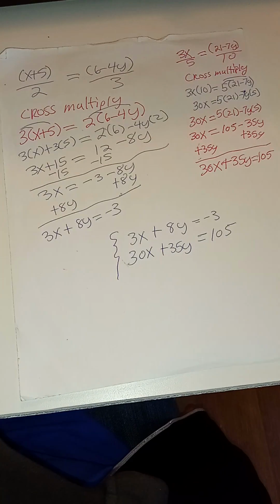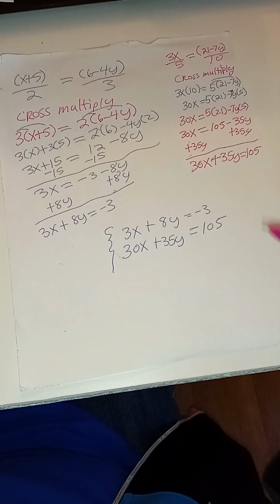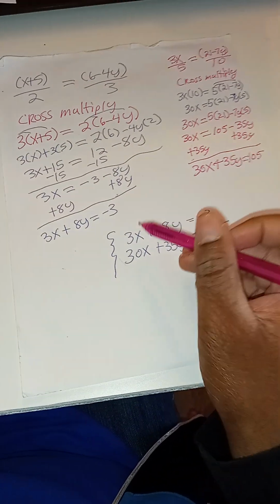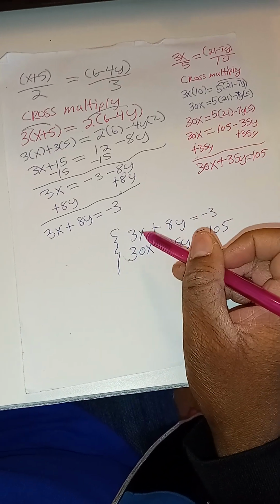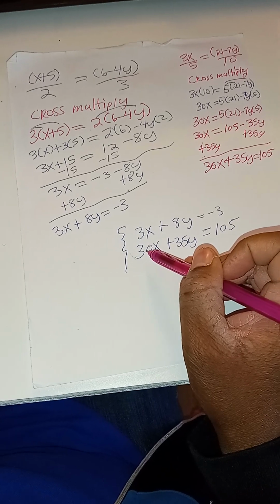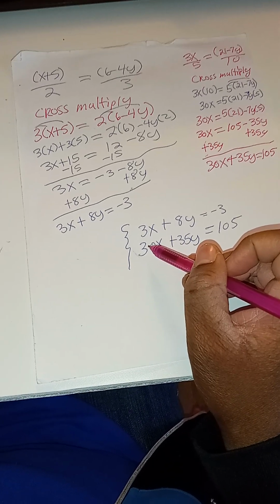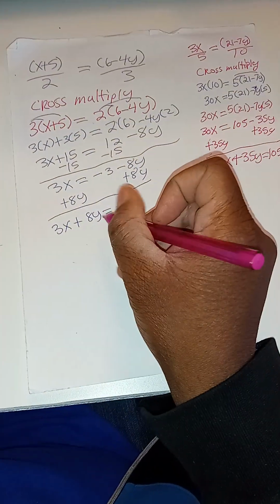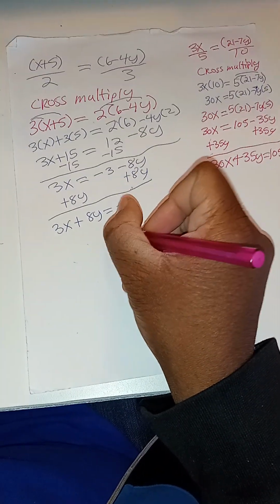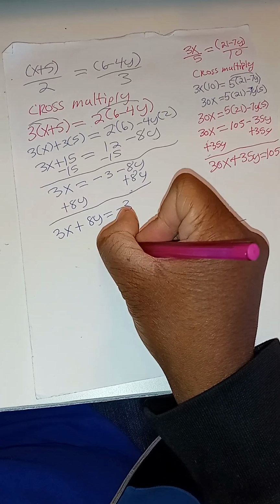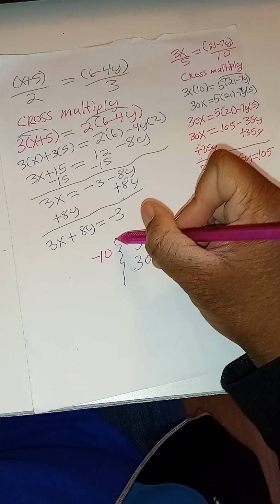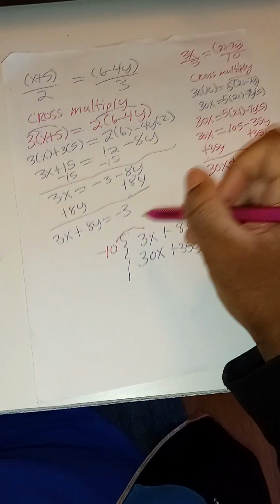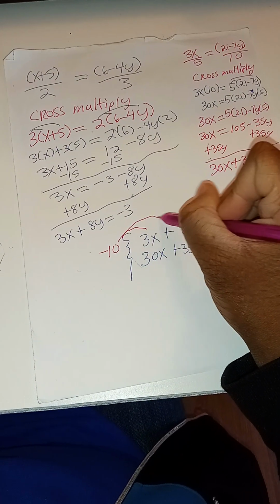So now we want to eliminate x here. So 3 goes into 30 10 times, and one of the rows must be multiplied by a negative to eliminate. So I'm going to multiply the first row by negative 10, and that means we have to distribute to each term in the row.